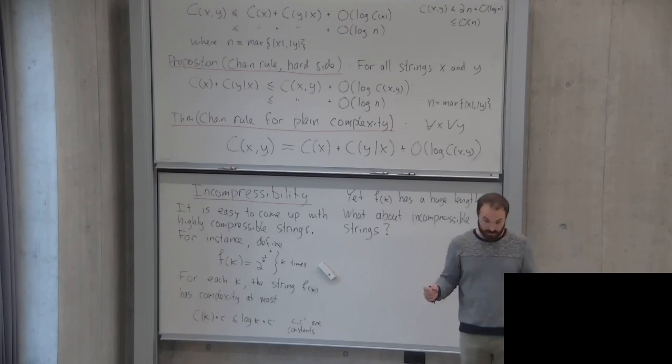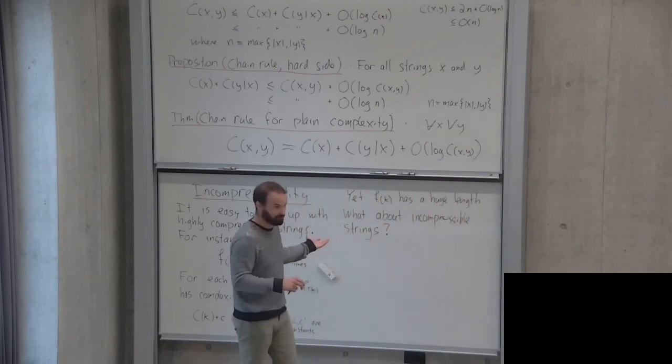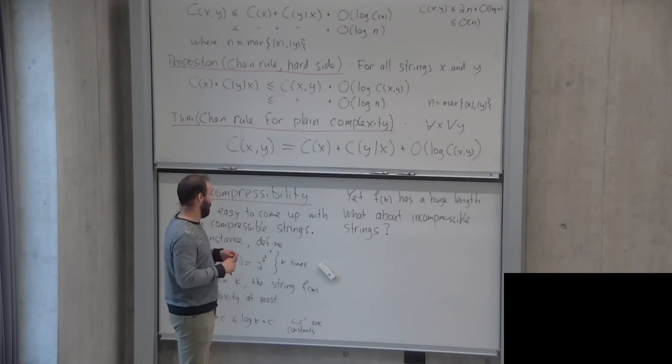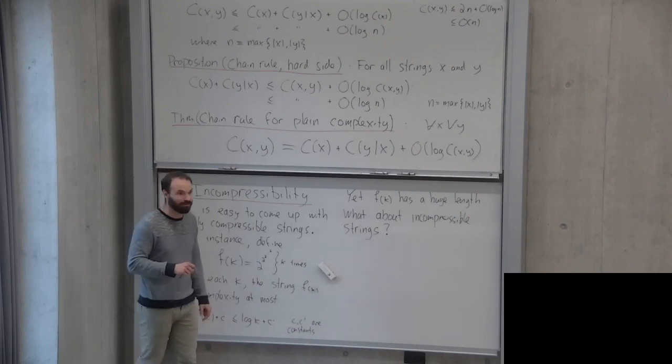Well, the idea is that probably the shortest program for that string will be, quote, the string. If that really is the shortest program for that string, we will say it's incompressible. Its complexity is as large as the length. In contrast with what we've just done here, we've exhibited a string whose complexity is much smaller than its length.